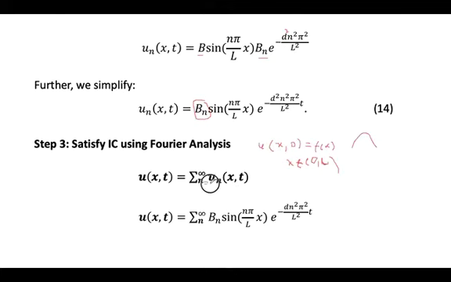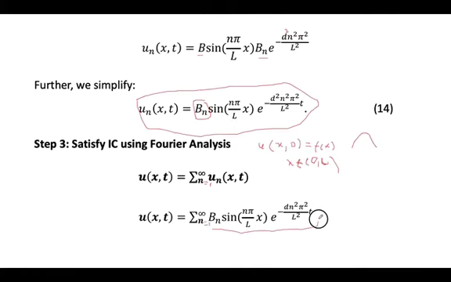Here we will be starting from 1 to infinity, and here also n is equal to 1. So we place the value of u n of x, t here, you can see. This is d square here.